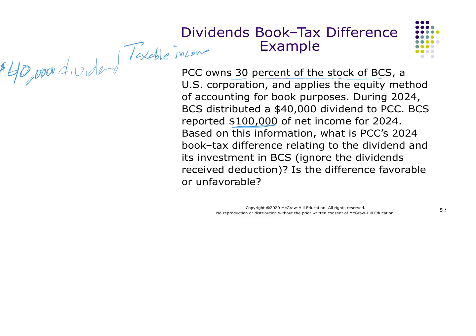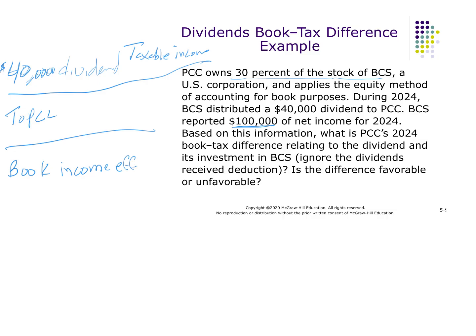We know we have a $40,000 dividend that is going to be taxable income to PCC. What is the book income effect to PCC?